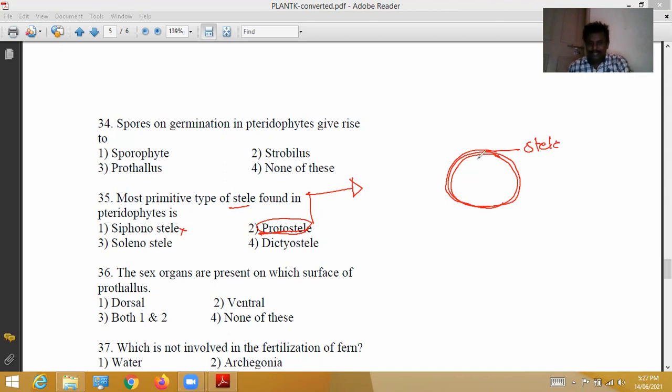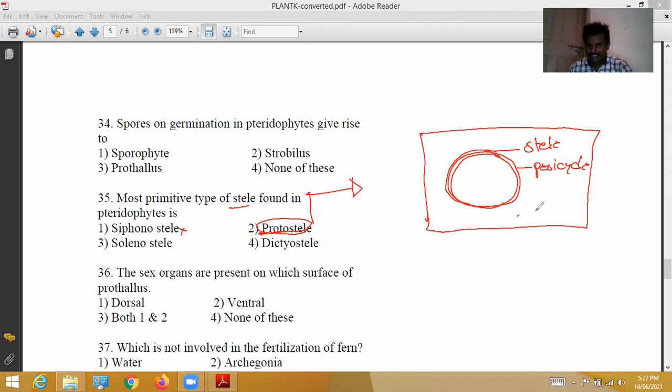The stele is surrounded by the pericycle. The pericycle is separated from the ground tissue by the endodermis. The entire region outside is ground tissue, and the stele is separated from this ground tissue by the endodermis.